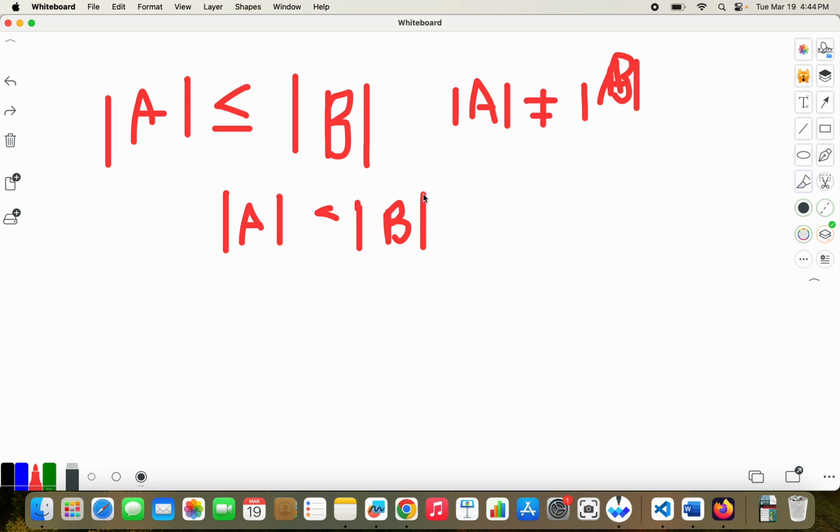Strictly injective is not a term, okay? I just made it up. But this kind of makes sense. If this is less than or equal and they're not equal, then what else can they be? Less than only. Just think of it as elements, because then it makes arithmetic sense.